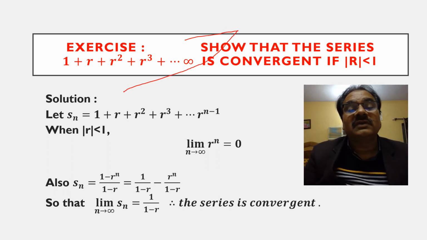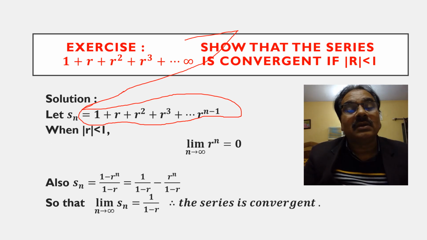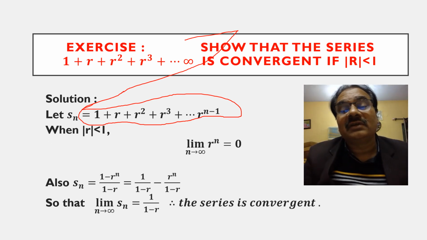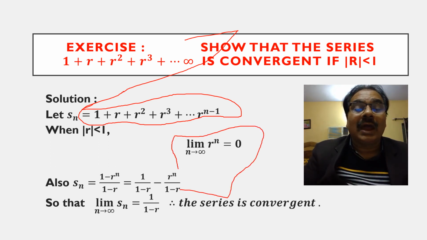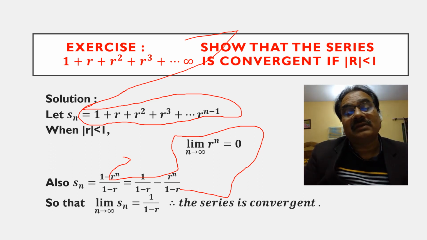Look, this is Sn, and this is your geometric series, and the nth term is r power n minus 1. When the modulus of r is less than 1, the limit as n tends to infinity of r power n is equal to 0. And Sn is 1 minus r power n divided by 1 minus r.